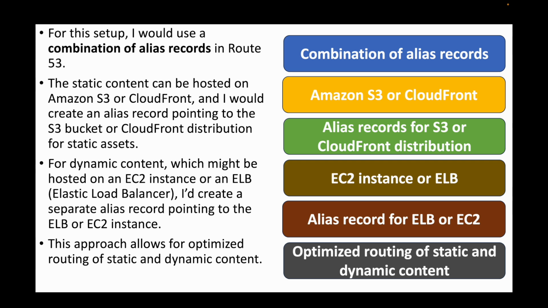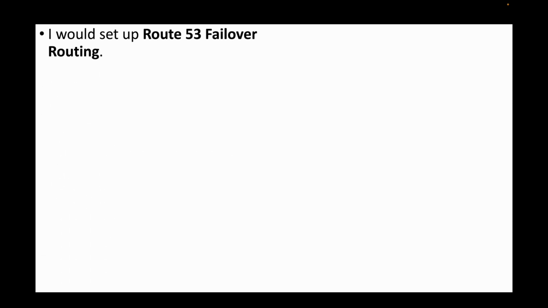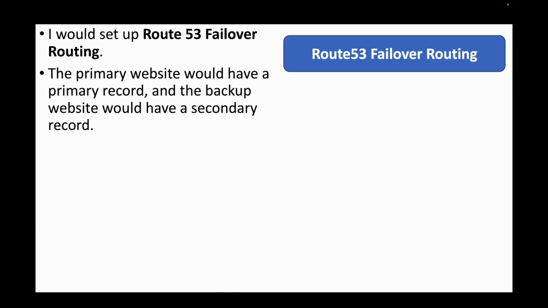The next question we have is, a client needs a backup website in case the primary site goes down. How would you configure Route 53 to fail over to the backup website? So for this, you can make use of your failover routing policy that you have in Route 53. So basically with this, you will be having two websites.